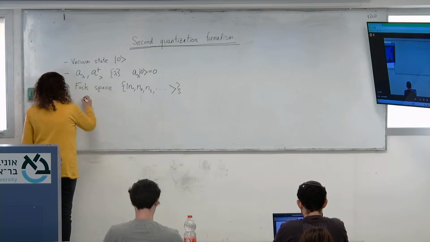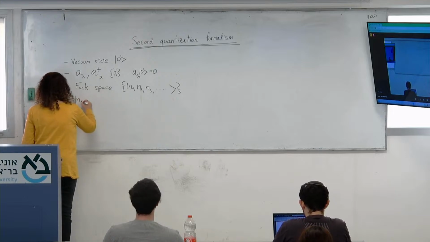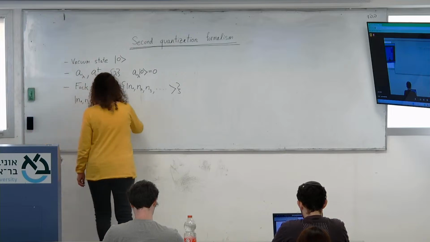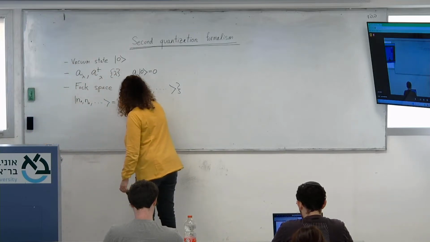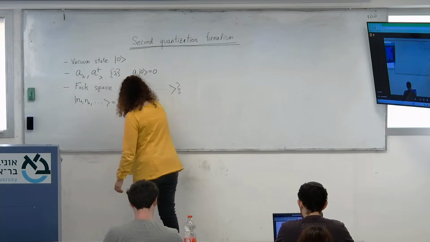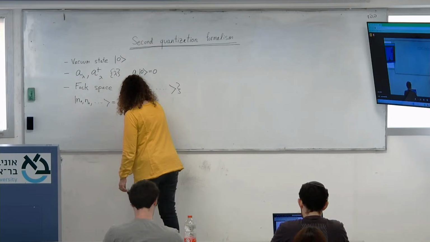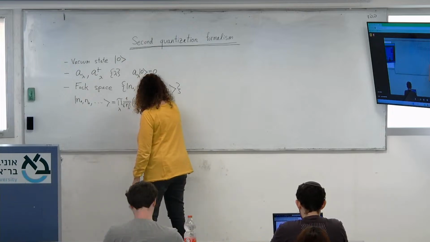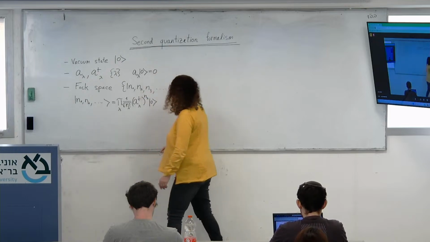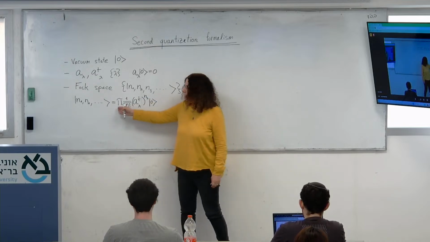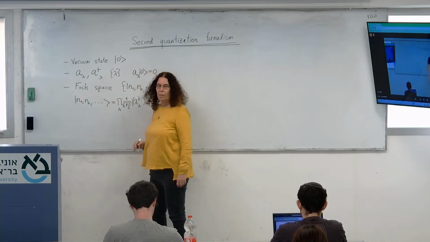And so the state N1, N2 can be generally expressed as a product of normalization factor and A lambda dagger applied N lambda times on the vacuum, and the lambdas in this product are represented here.